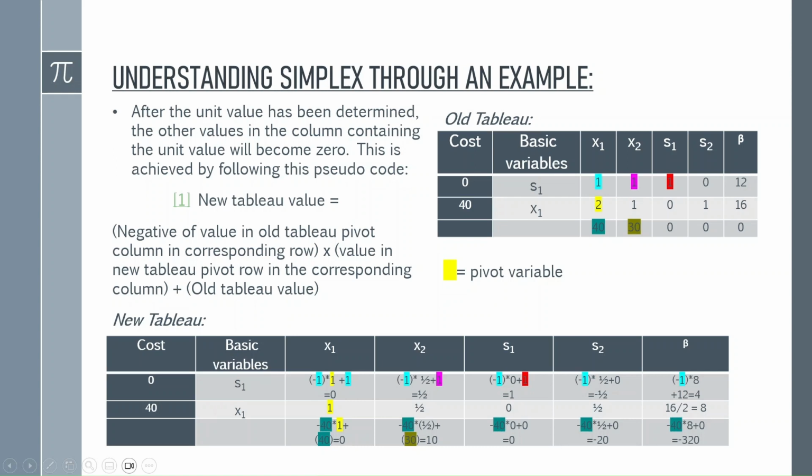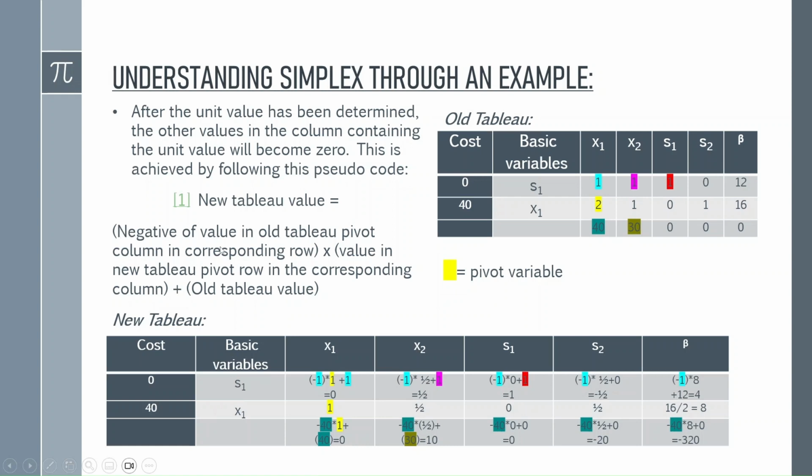So this is how they are changed according to this algorithm. Consider this element, this value of the new table. How do we find the value in the first row, first column in the new table?